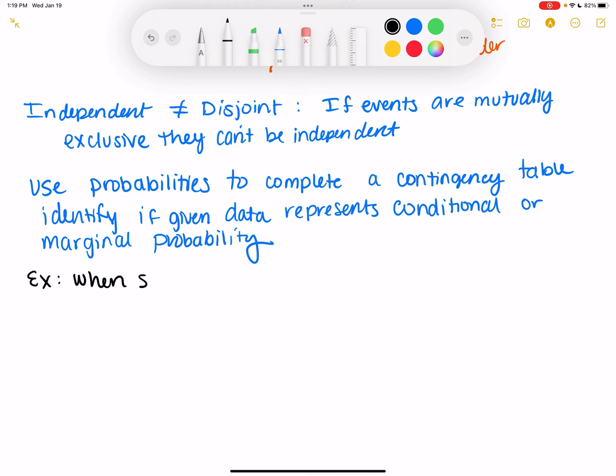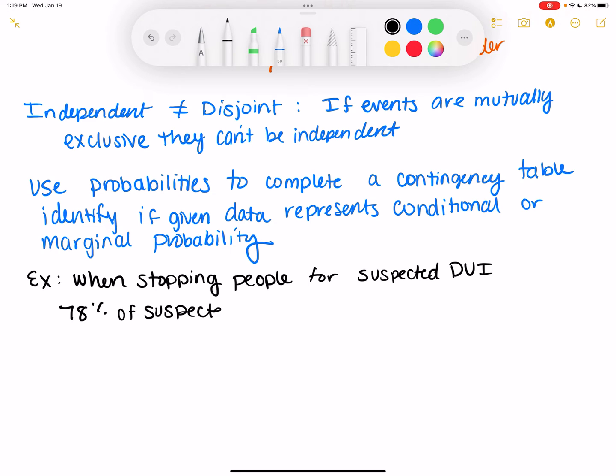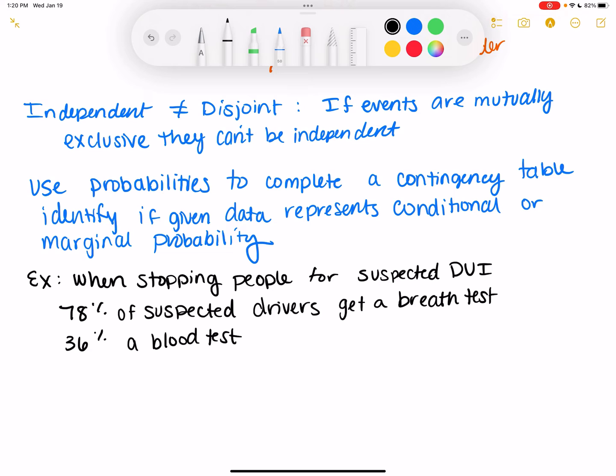When stopping people for suspected DUI, 78% of suspected drivers get a breath test, 36% get a blood test, and then 22% get both.